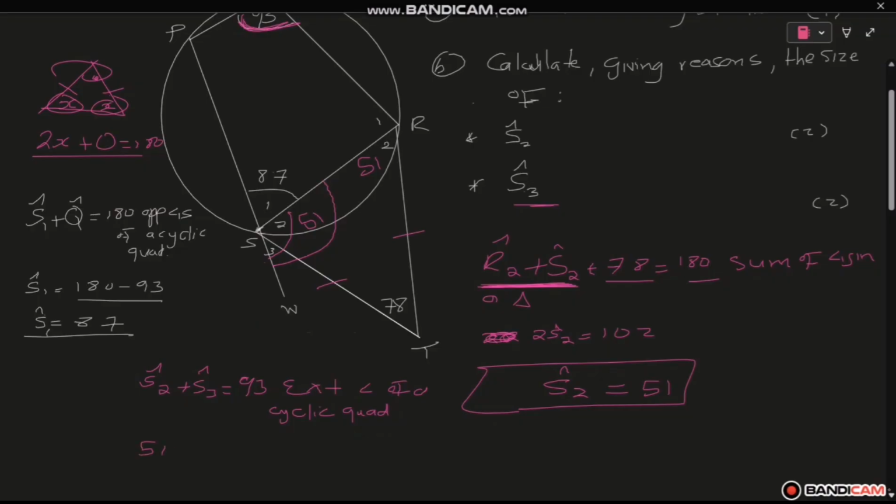We have 51 is S2, then S3 we don't have it, we are solving for it. Then 93 minus 51 will give us 42. This is our answer.